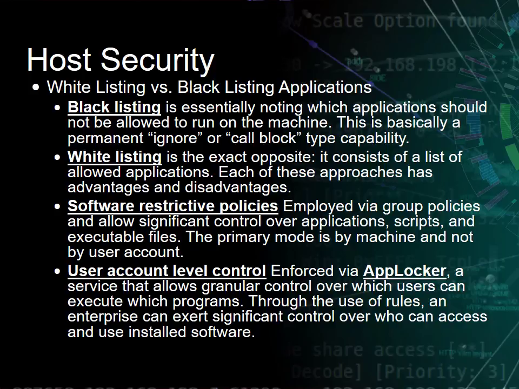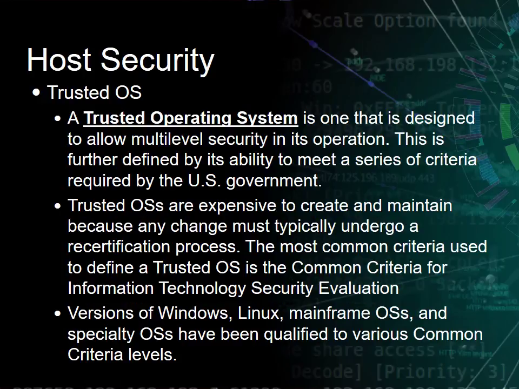Then there's user account level controls enforced by AppLocker, a service that allows granular control over which users can execute which programs. Through the use of rules, an enterprise can exert significant control over who can access and use installed software. We use this ourselves.